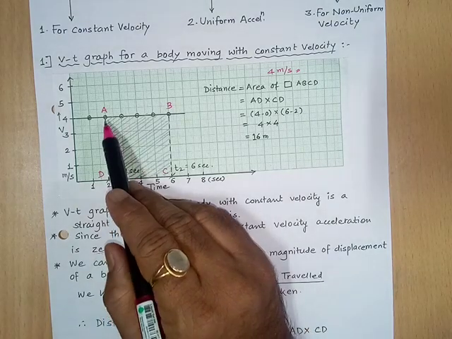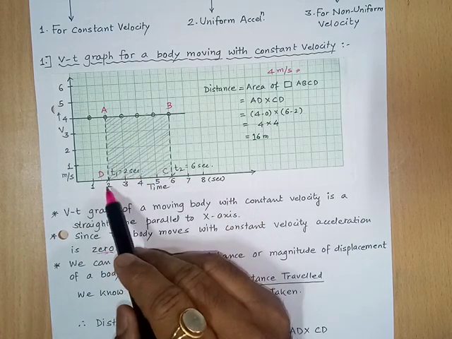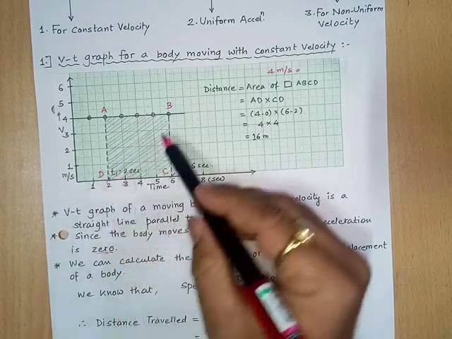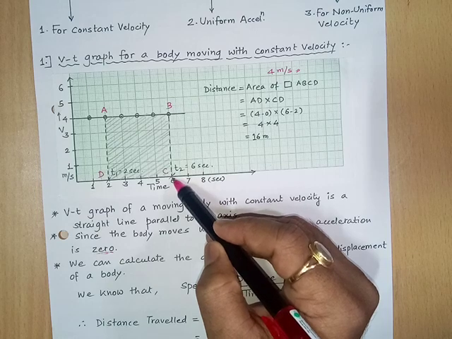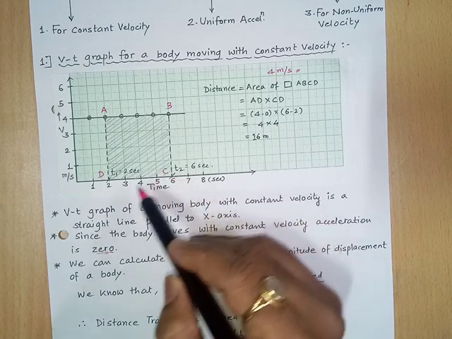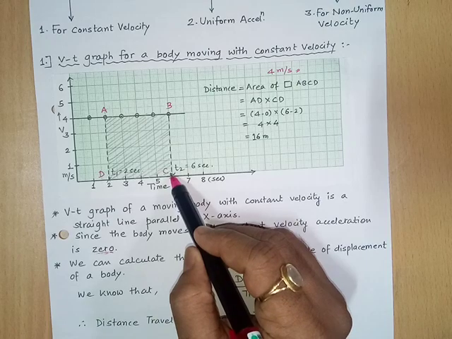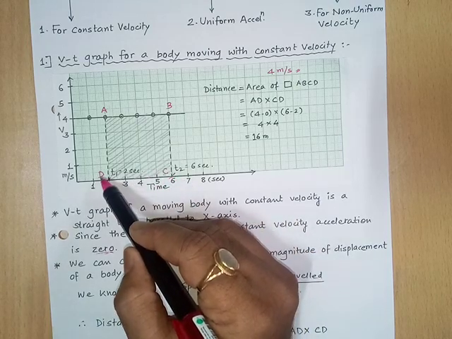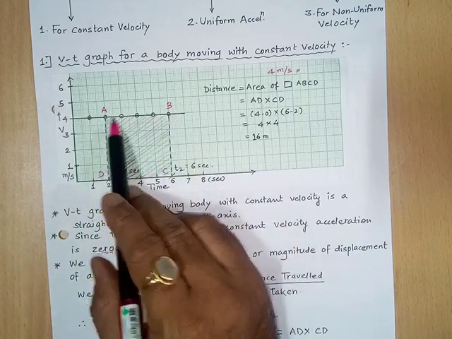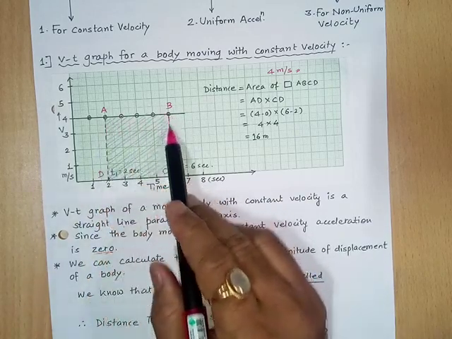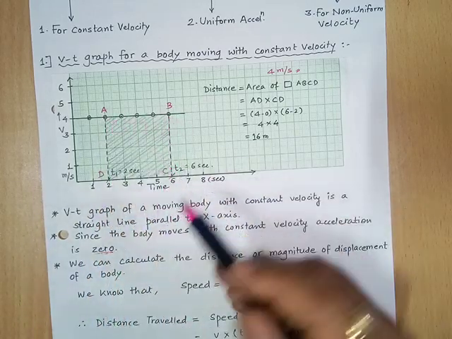If I extend point A and point B down to the x-axis, I would get these 2 points. Let's imagine this point is C and this point is D. If I join all these points, I will get this square, or you may get a rectangle also.